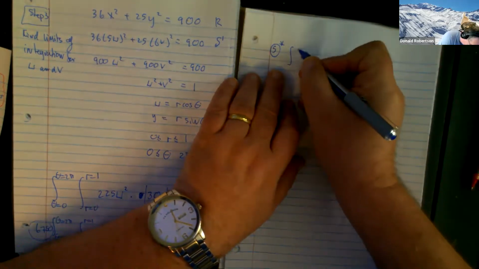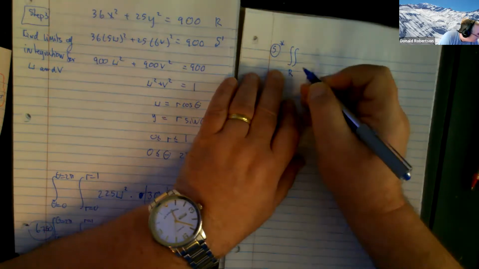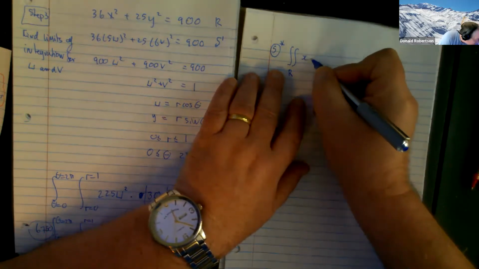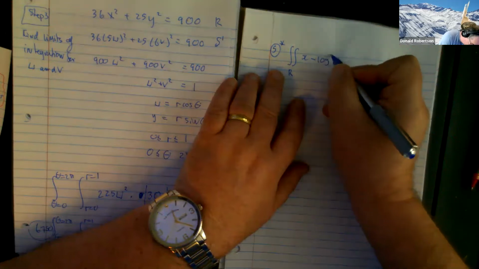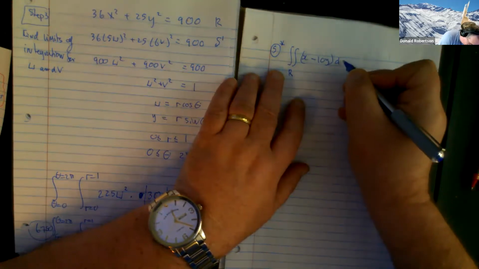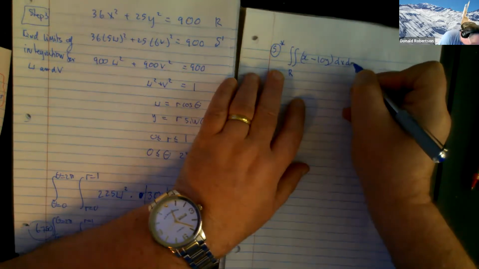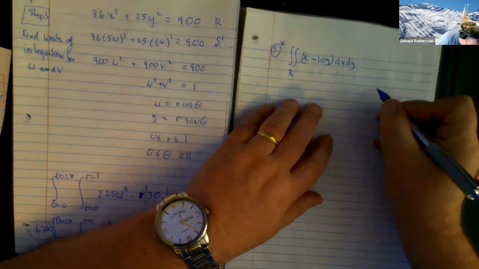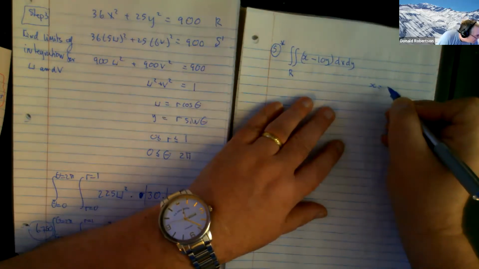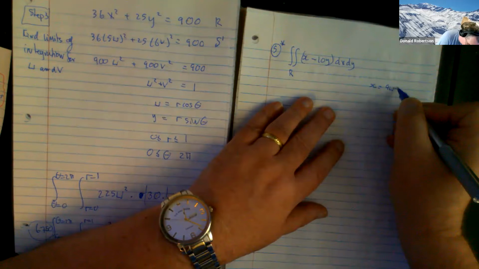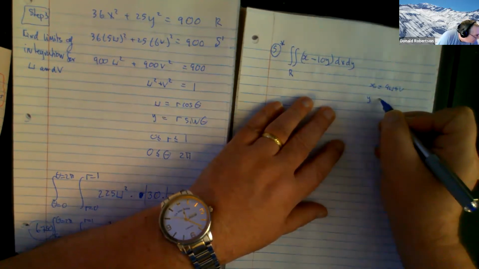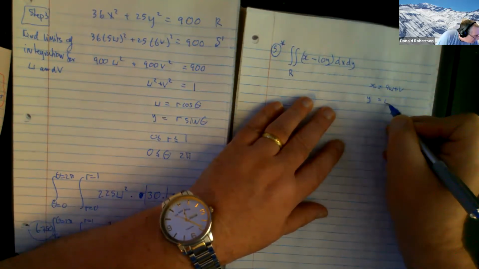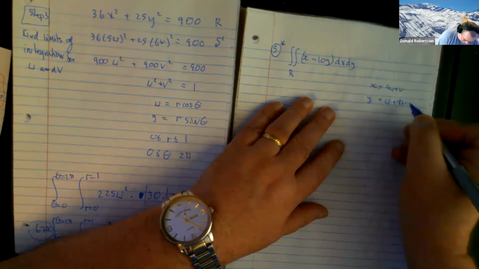You're being asked to find a double integral over a region R. It's x take away 10y. Well, they're calling it dA, but I'm going to call it dx dy because that's what dA is. And we're going to do x equals 9u plus v, and y equals u plus 9v.